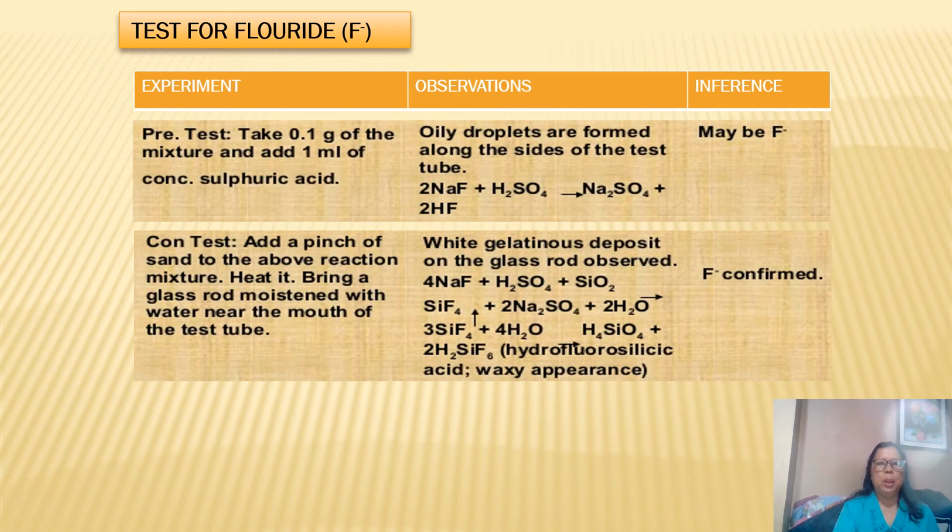Then if you're going to heat this and place a moistened glass rod at the top of the test tube that you are using, and a white gelatinous deposit is produced or seems like adhered to the glass rod, then fluoride is present. Actually, that is a hydrofluorosilicic acid that was produced.